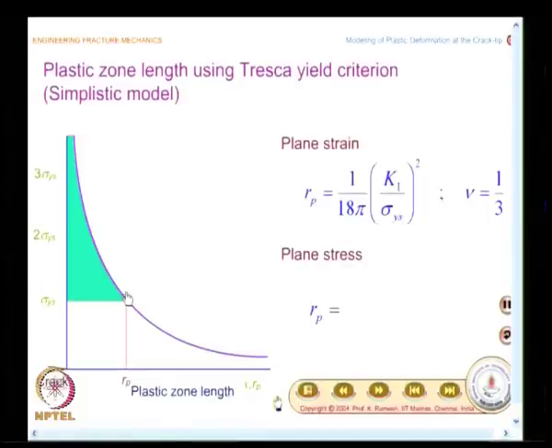And if you plot in this graph and locate the point where it reaches sigma ys, it is here. So, in the case of a plane stress situation, the plastic zone length ahead of the crack is very long, and this is given as 1 by 2 pi multiplied by K1 by sigma ys whole square.